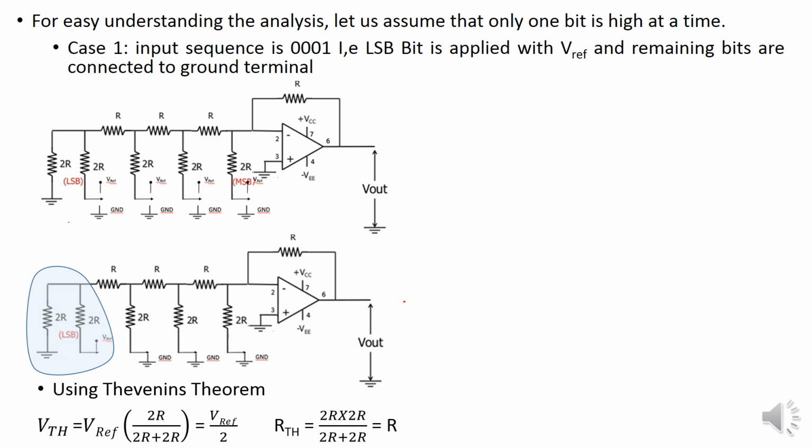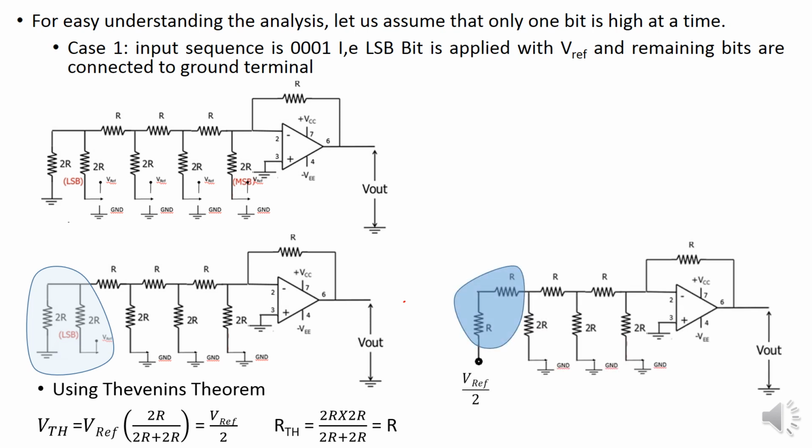So the simplified circuit can be represented with RTH and VTH. In the next diagram, it is shown that the two 2R resistors in parallel are replaced with an R, and the voltage source V reference is replaced with the Thevenin's equivalent voltage V reference by 2.